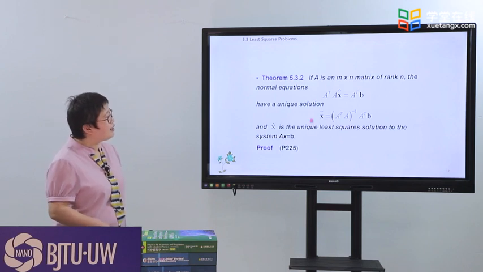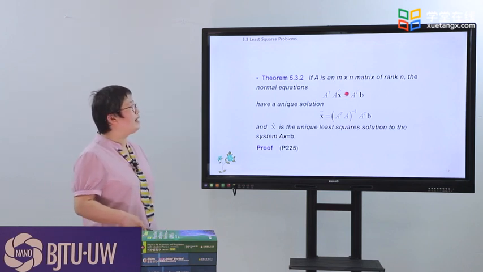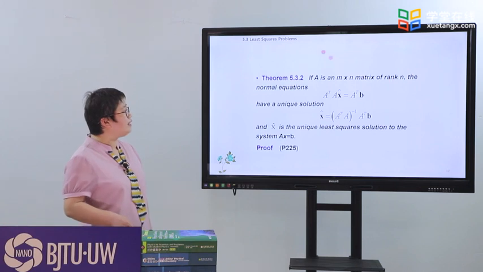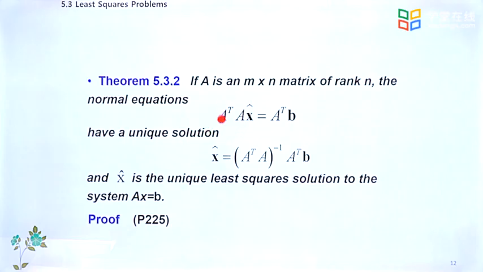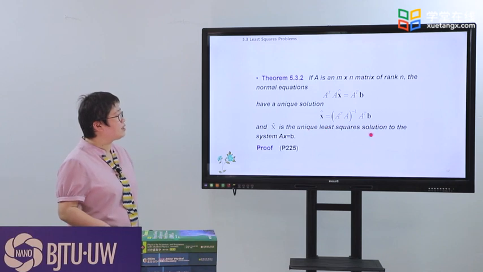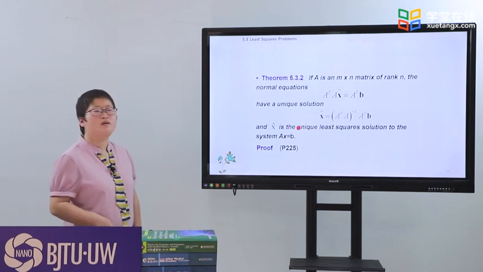It's very easy to show: because A has rank n, A transpose A is an n by n matrix of rank n, so it has an inverse. Then x hat equals this inverse matrix times A transpose B, which is unique.